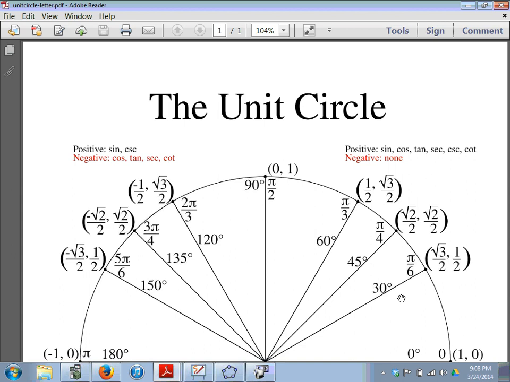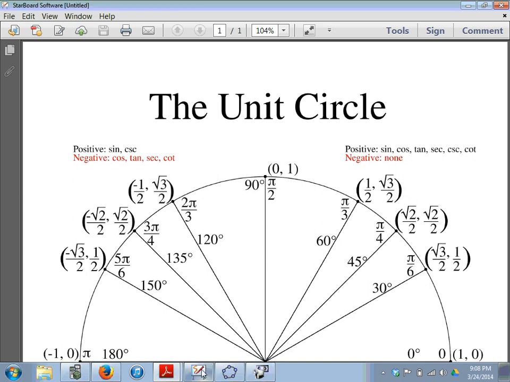Since we're talking about the sine function in particular, the input is just going to be these radian measures. The output is going to be the y values. The sine, according to the definition we talked about last time, when we're talking about radian measures around the unit circle, is the y value of the point at those angle measures.